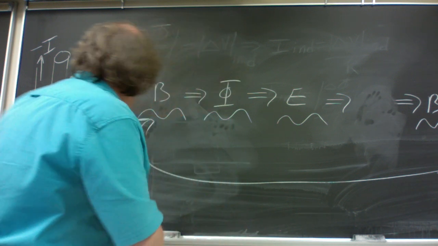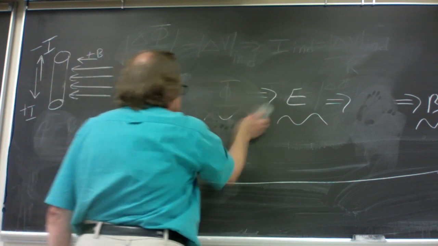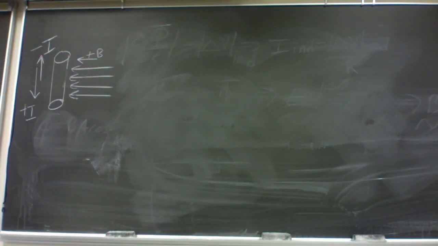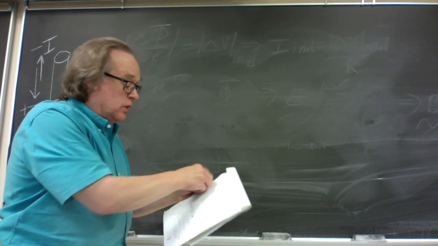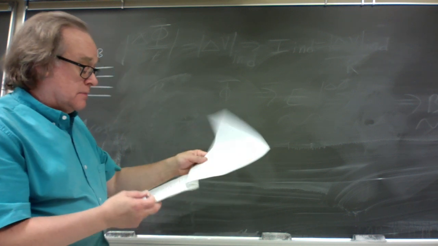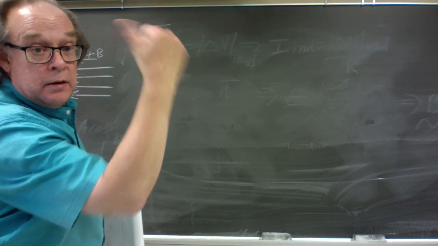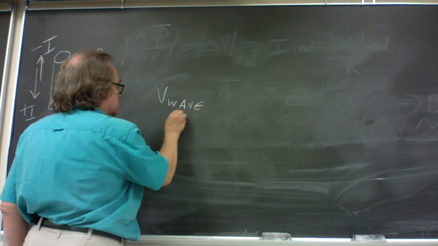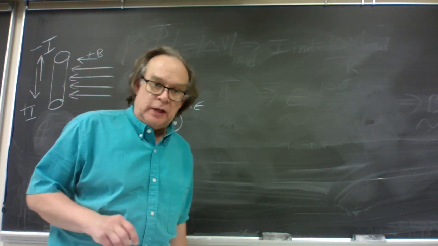For example, let's say you've got an electromagnetic wave, and let's say the wave velocity is out of the plane. There's our symbol for something pointing out of the plane of the paper or out of the blackboard.